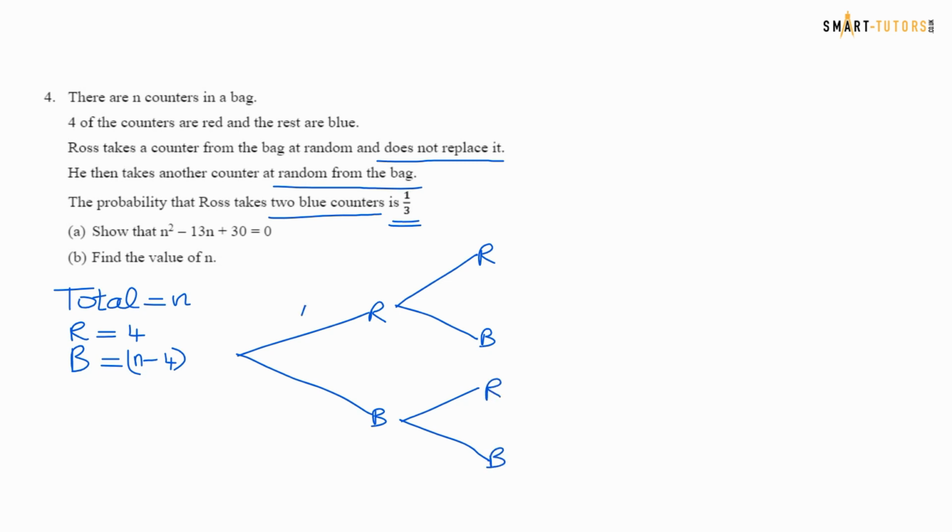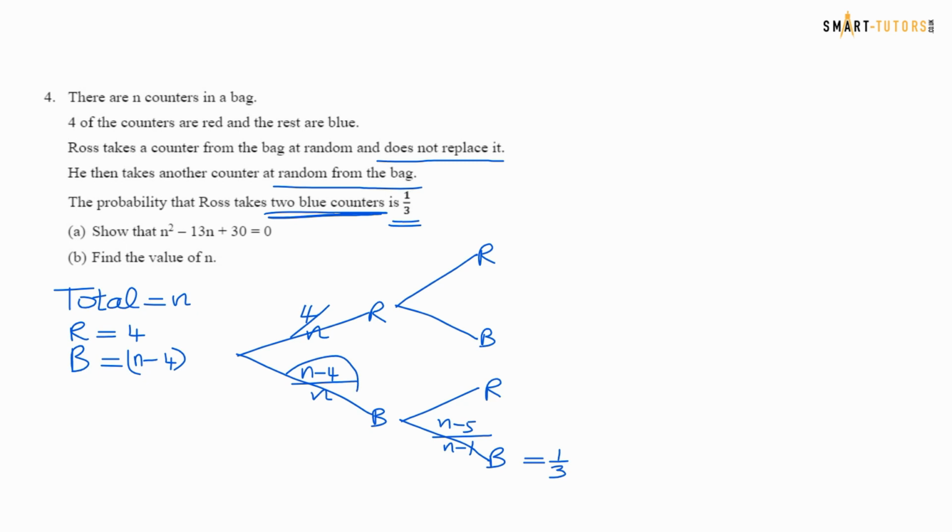So red is 4 out of n, and this one, blue, is n minus 4 over n. Now don't worry about filling up everything. 2 blue counters mean this and this. N minus 4 take away 1 is n minus 5 over n minus 1, and that is equal to 1 upon 3.